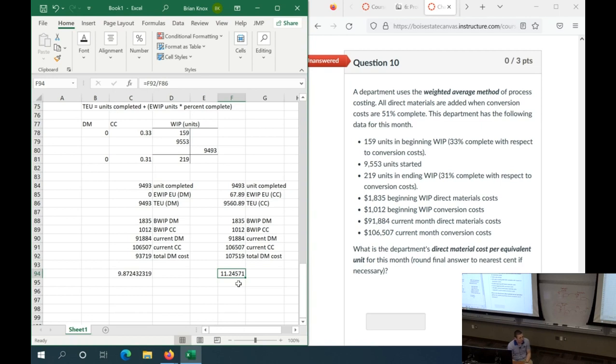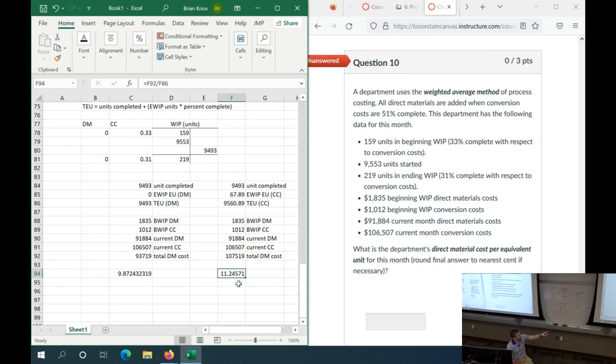Why would our ending WIP have less percentage complete than our beginning WIP when it comes to costs? It's very possible because our beginning WIP 159 units probably got done like February 1st to February 2nd. They were a third of the way done at midnight February 1st, 33%, and we probably whipped those out and pushed them off to the next department or finished goods within the next 2 days.